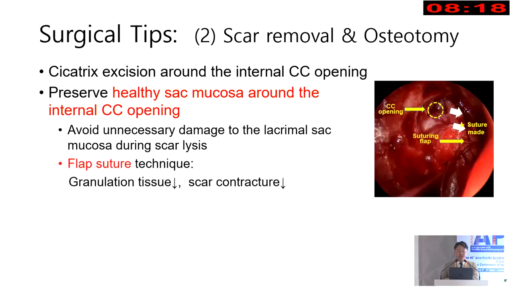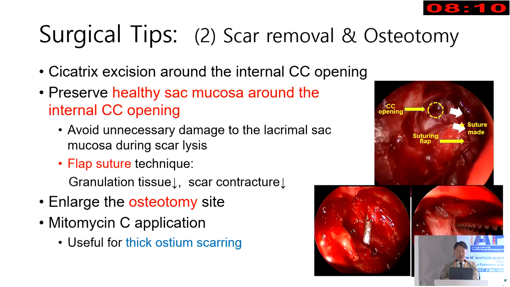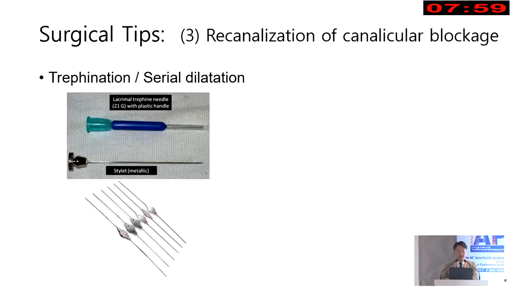And the flap suture technique is useful to reduce granulation tissue formation or scar contracture. You should enlarge the osteotomy site, and mitomycin C could be helpful for cases with thick ostium scarring. Adequate nasal packing is another important thing.